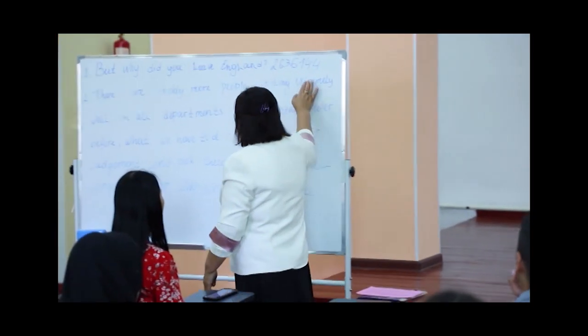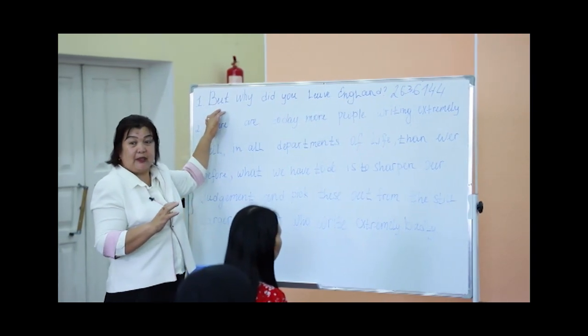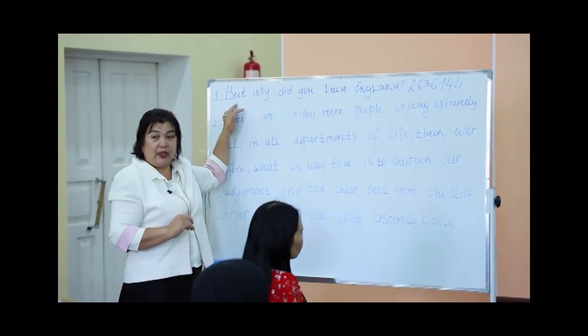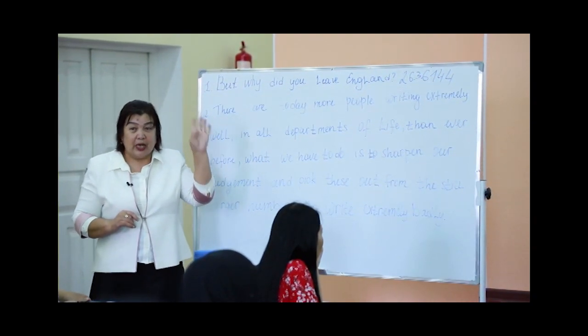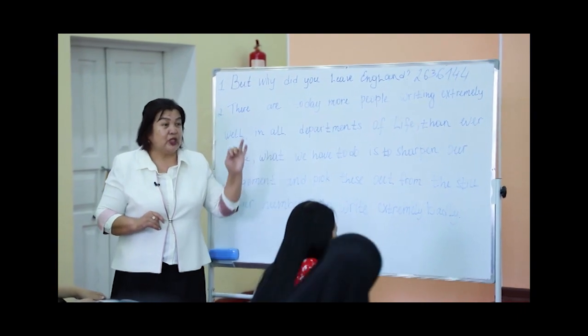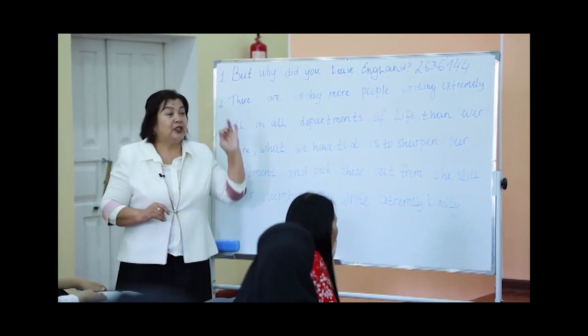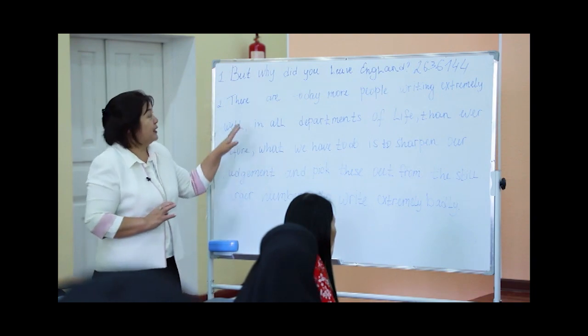So the first sentence is, what kind of sentence it is? Interrogative. There are 4 types of interrogative sentences, you know, yeah? What are they? General question, special question, alternative question, disjunctive question, yeah? So, 4 types of the sentence.